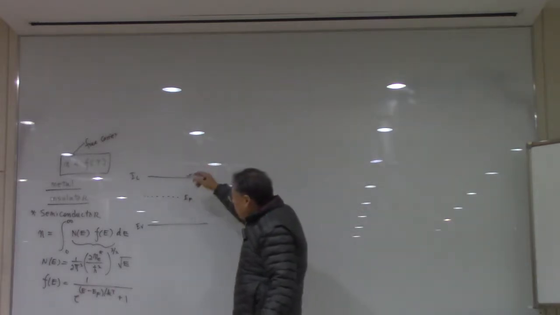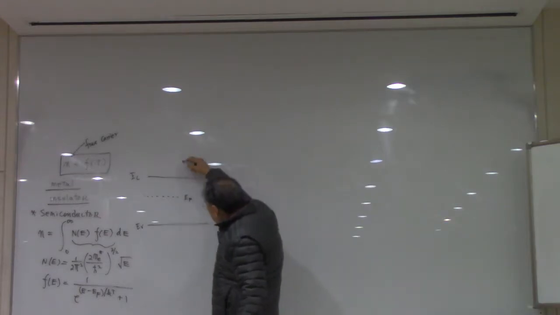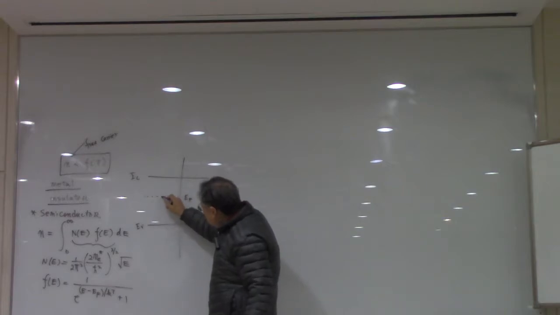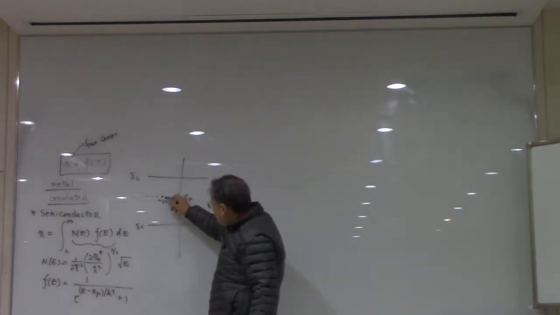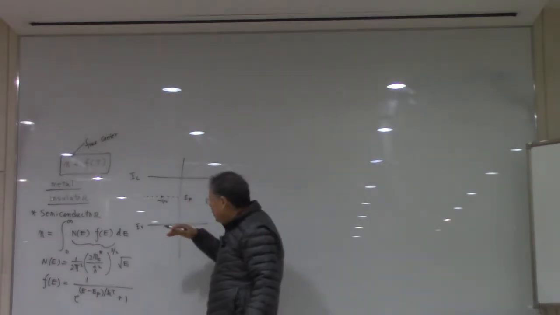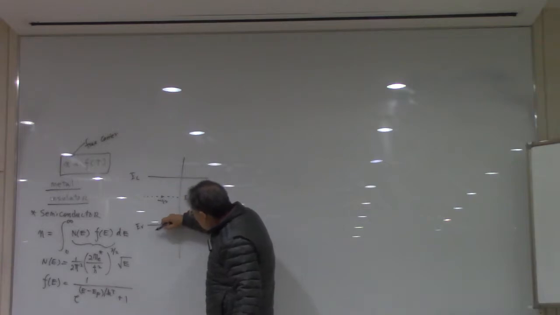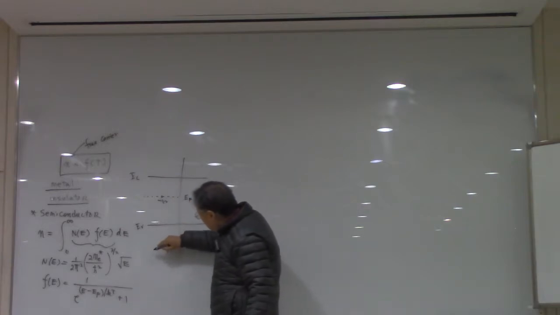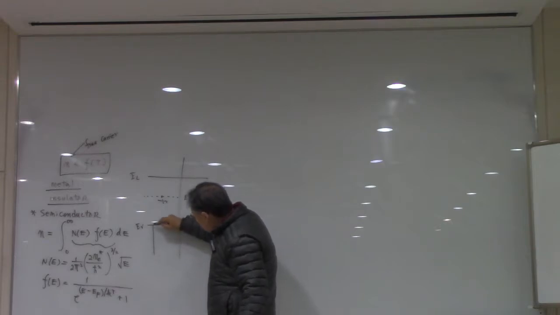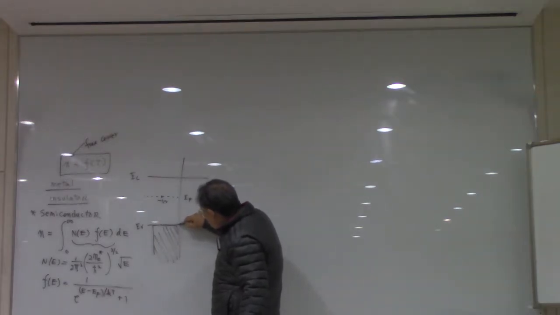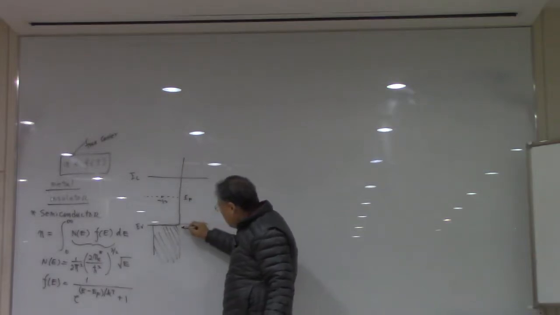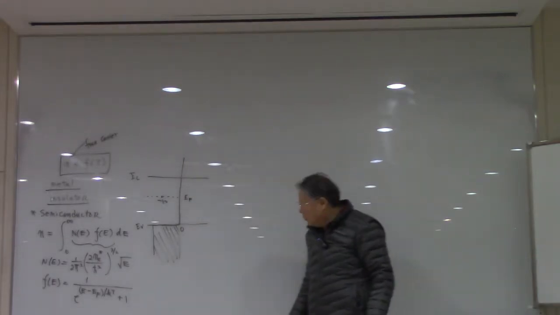And then if you draw the Fermi-Dirac statistics in this diagram, at the Fermi energy, the occupancy has to be 1/2, right? So at absolute 0 temperature, the Fermi-Dirac statistics is going to be something like this, and then at the valence band edge the probability has to be zero, just like that.